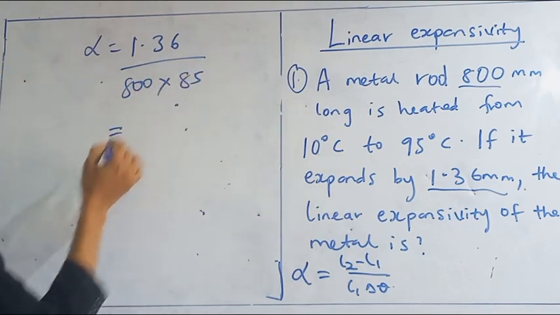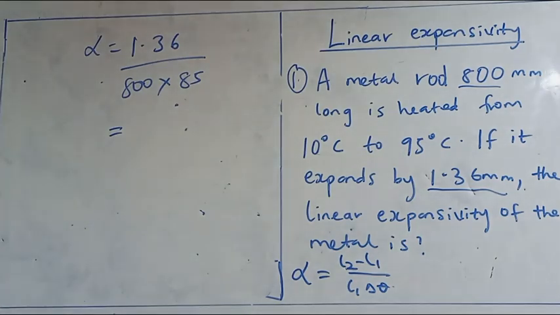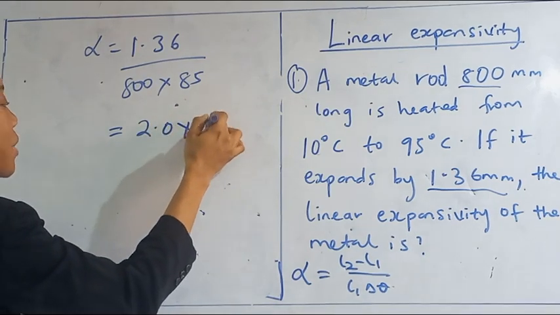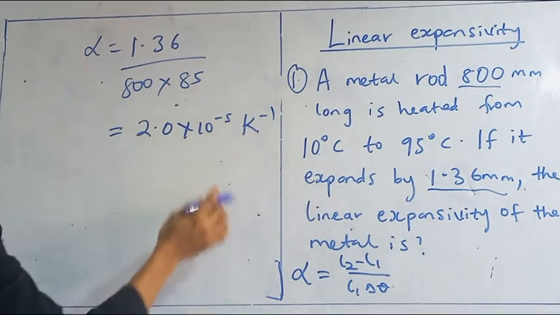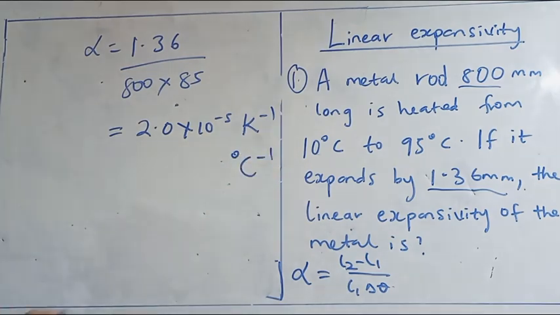We calculate this to get our final answer as 2.0 times 10 raised to power minus 5 per Kelvin. If you have it in per Kelvin, that's the standard. If you say it in Celsius raised to power minus 1, it is also correct. It depends on the option that is given.